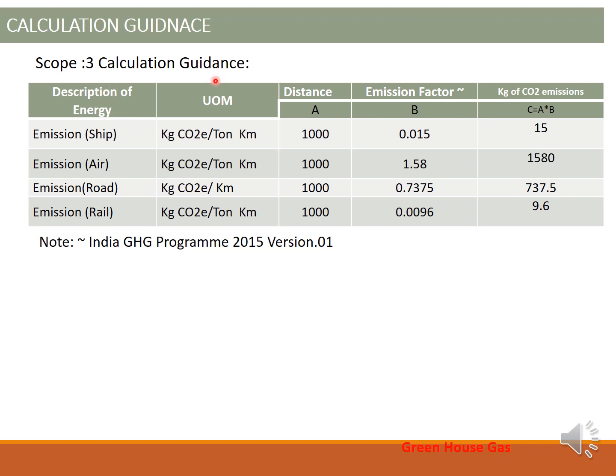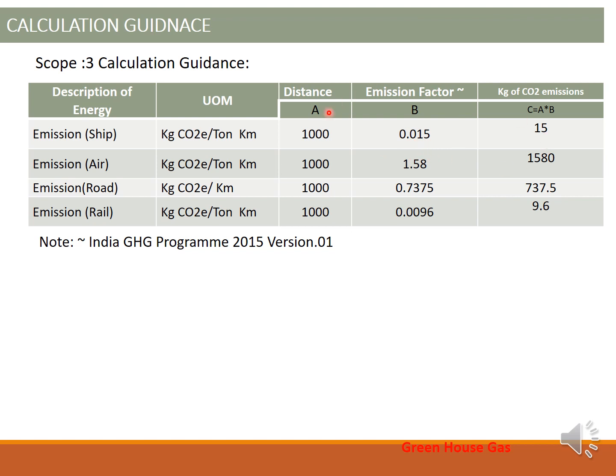And calculation guidance for Scope 3. If material is traveling by ship, for 1000 km, the factor is 0.015; we have to multiply the km by this emission factor, and we will come to know the CO2 emission of this ship travel.